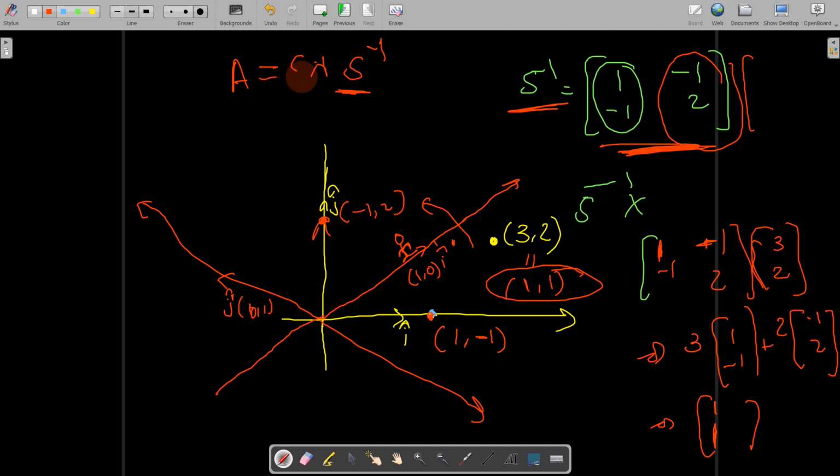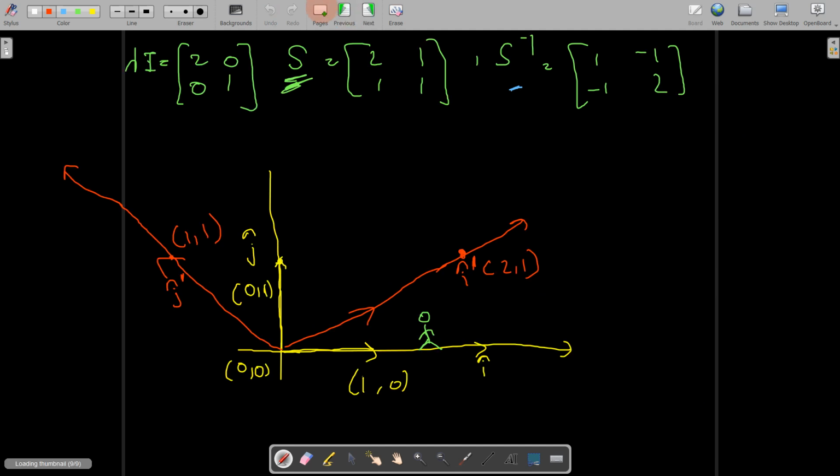Now you have done the transformation in the eigen coordinates, but we don't want eigen coordinates, right? We want to come back to our original coordinates. So when you multiply the answer with S, you come back, that means you are again standing on the original coordinate system, and you convert all the coordinates of the transformed vector with respect to your original i cap and j cap.